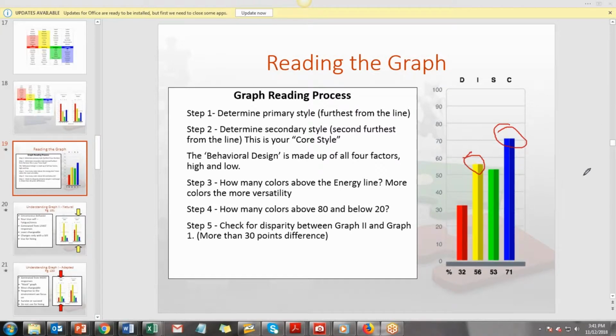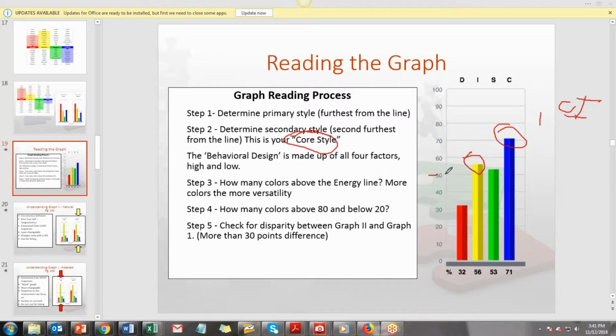So step 1 is C, step 2 is I, and then the core style, like the apple core, the center of all this, is the primary and secondary style, which is C over I.